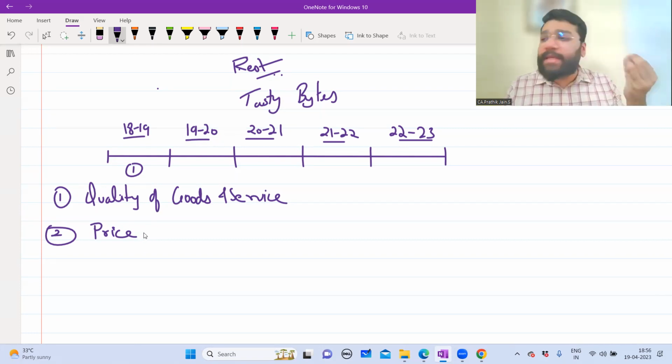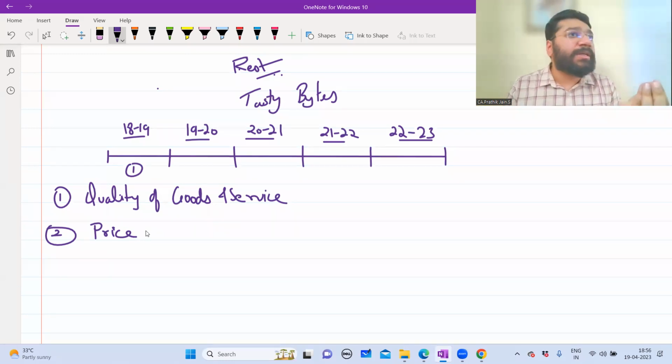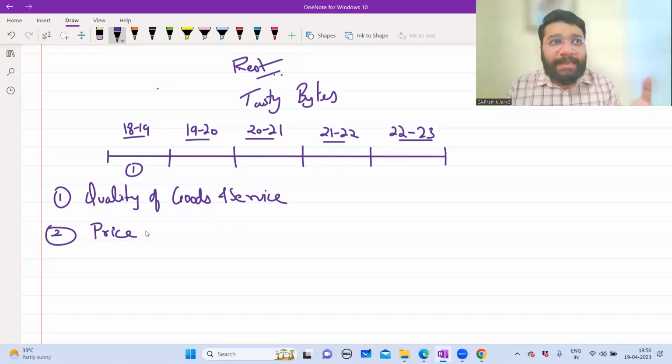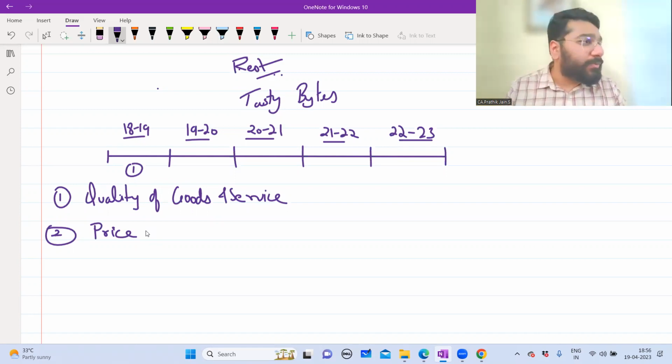Price is a very crucial factor, because if you keep the price less, a lot of people will be able to afford it, and you can expect a large turnaround of customers. So the price of the products and services that you charge could be one of the factors that can attract a lot of customers, and you giving good quality of services and goods will indirectly contribute to enhancing your brand value. So that was the second thing.